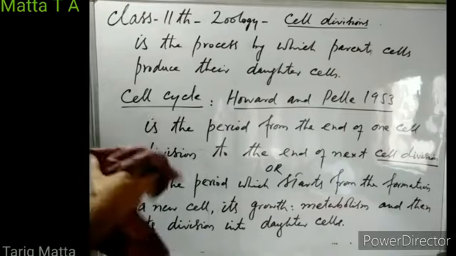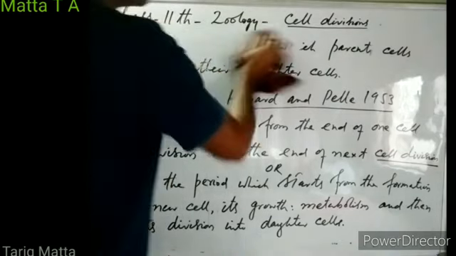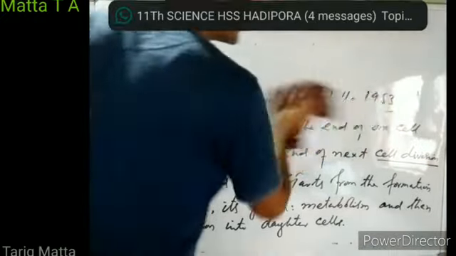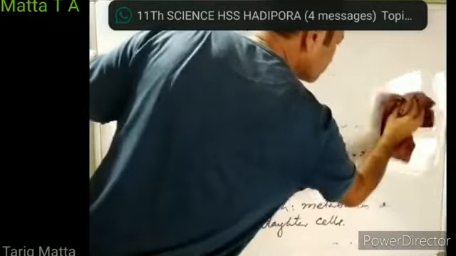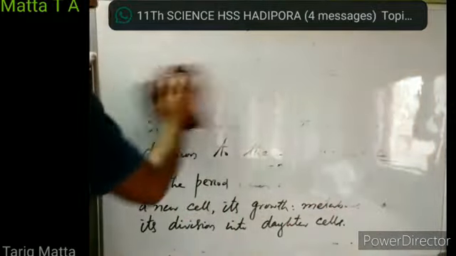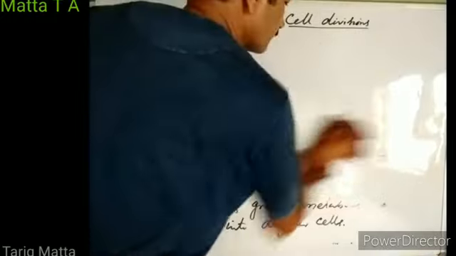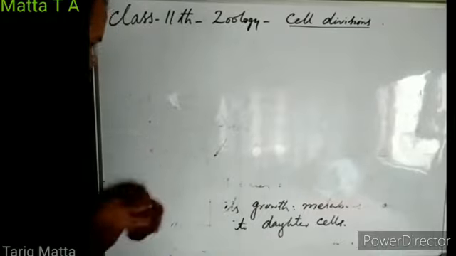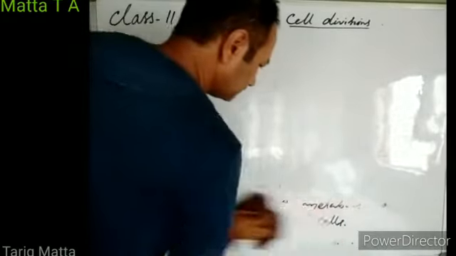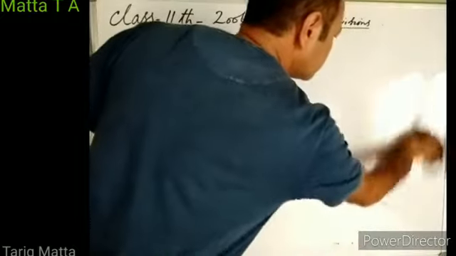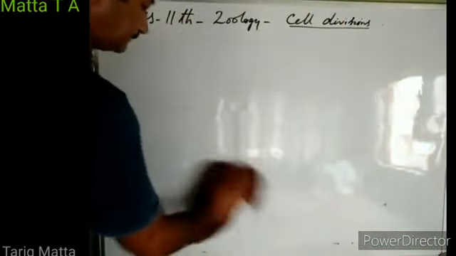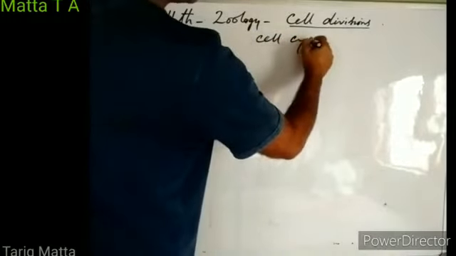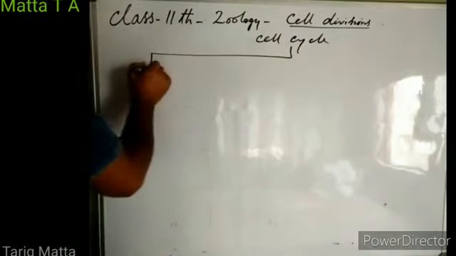We divide the cell cycle into the following phases.